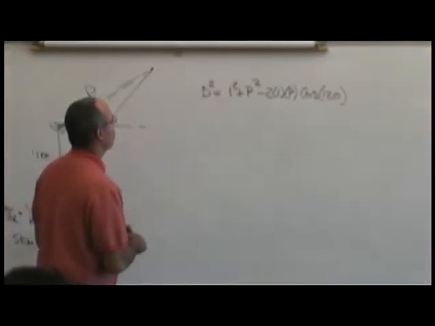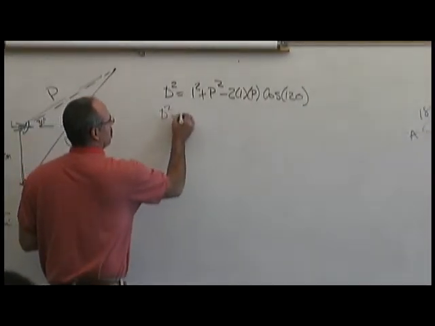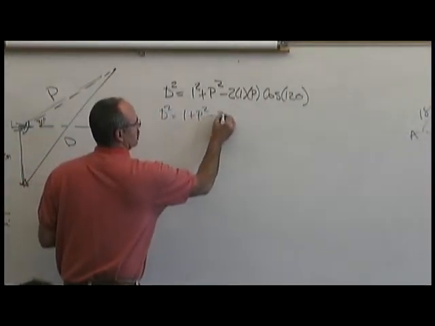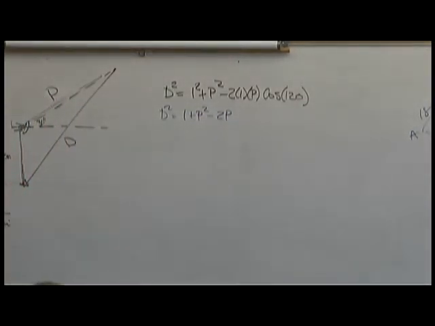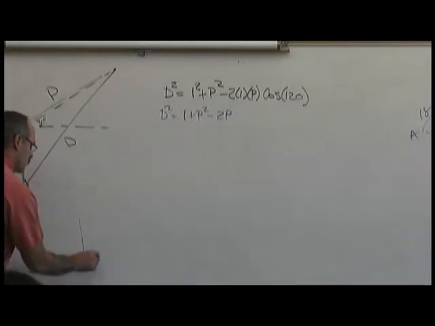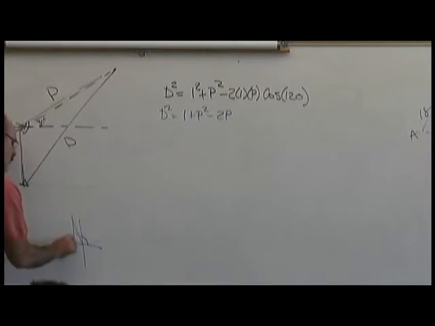Let's clean that up a little bit. I've got d squared is equal to 1 plus p squared minus 2p times the cosine of 120. What's the cosine of 120? Alexis? I'll draw it for you. 120 right here. What's the reference angle for 120? 30?